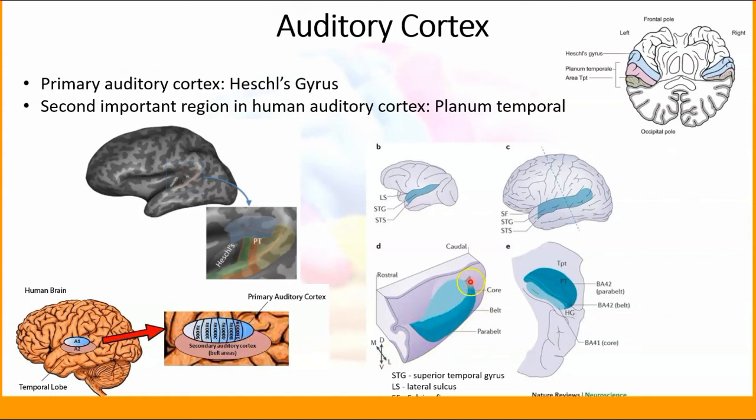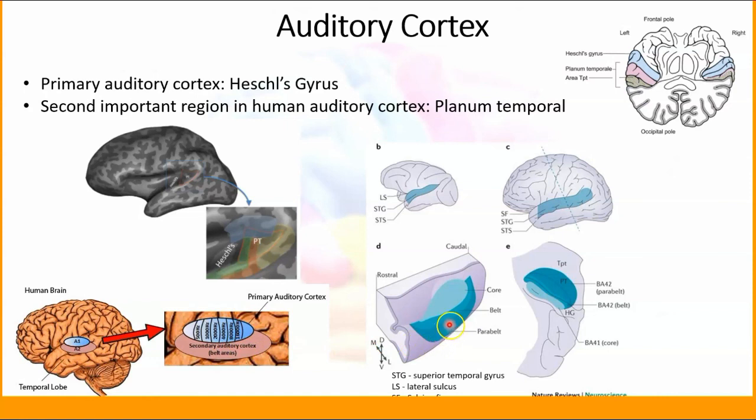Belt auditory areas, or the secondary auditory areas or cortex, which are part of Brodmann Area 42, are primarily innervated by the core auditory areas and receive neural impulses from the auditory thalamus.